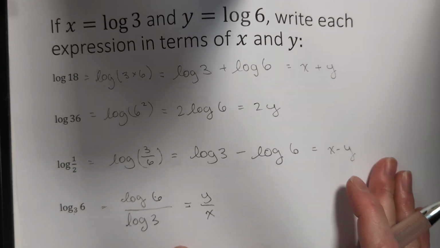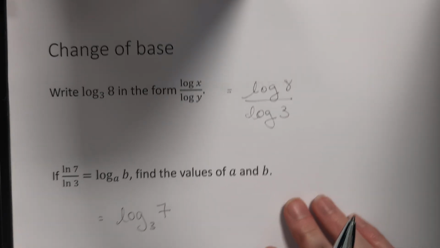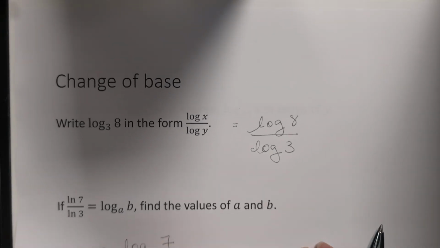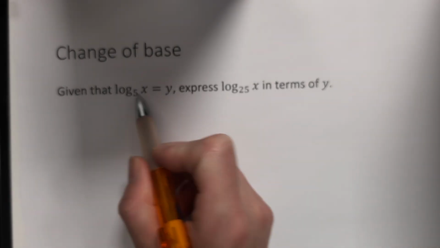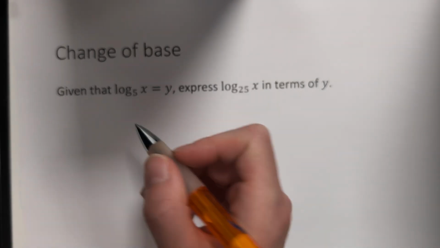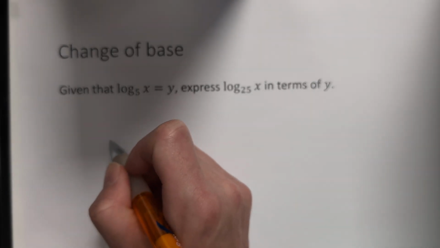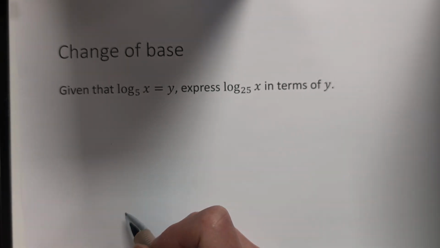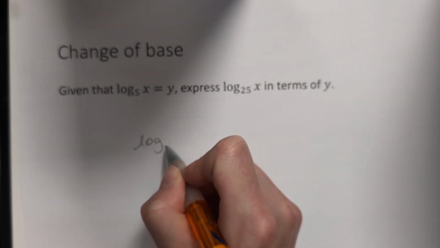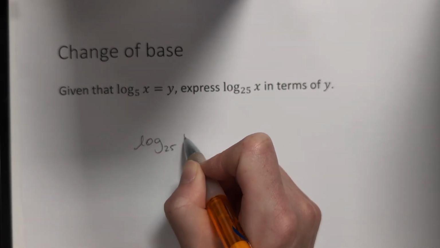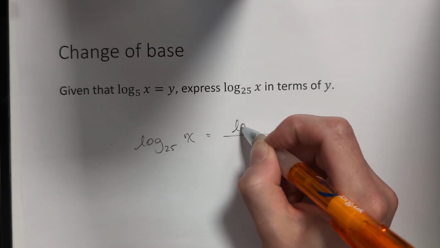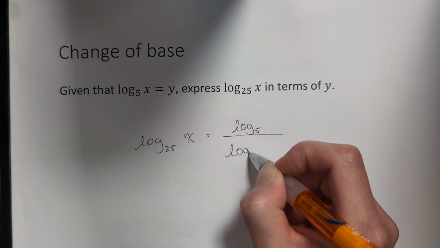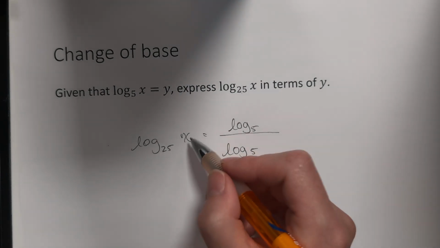Okay. And finally, a nice IB one here, a change of base. I see that I want the change of base formula because my base is changing, then it's going straight to that in my mind. Given that log base 5 of x is y, express log base 25 of x in terms of y. So I want it to end up with a base 5, and I need the same base in the numerator and the denominator.